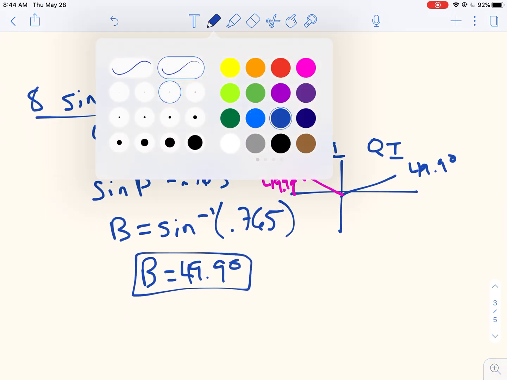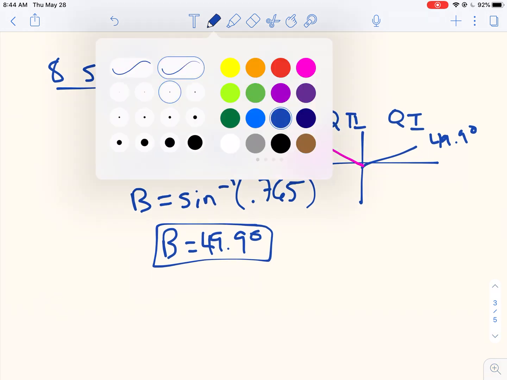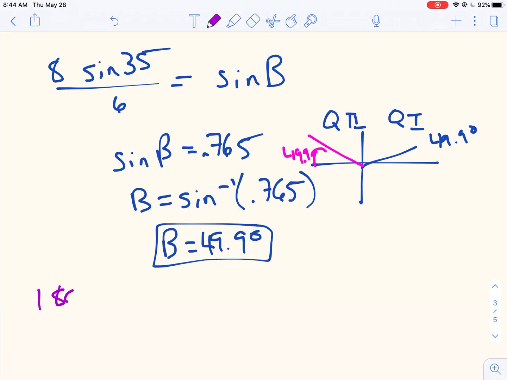And I figure that out by doing 180 minus 49.9. Now in my answer key, you're going to just see me do that 180 minus 49.9. I don't draw out the quadrant like I did up there. The quadrant is the explanation of why I'm doing this.